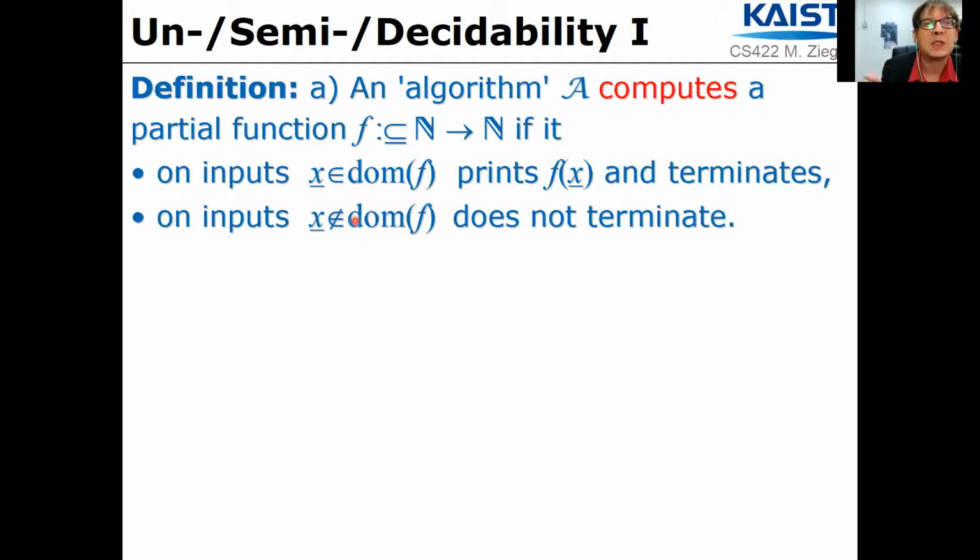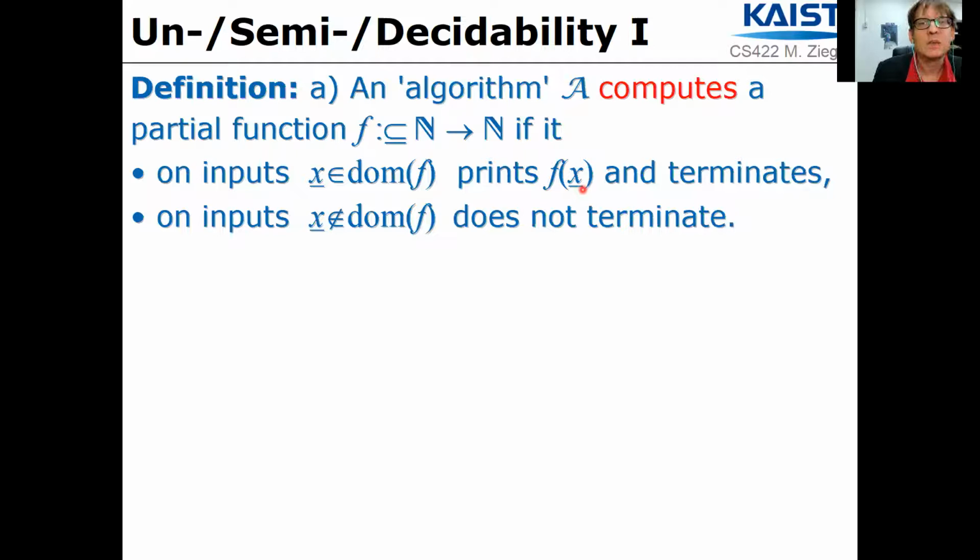Remember, that was the essence of the halting problem. Now, if it does terminate, then the requirement says that it must print the value of that function on the argument x, which is another natural number. So here we're not yet precise about how to input and how to output, how to print a natural number for an algorithm.